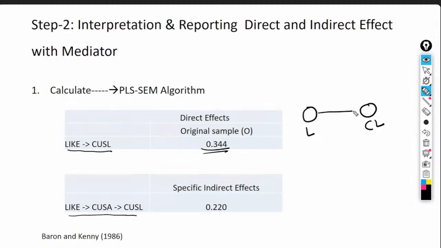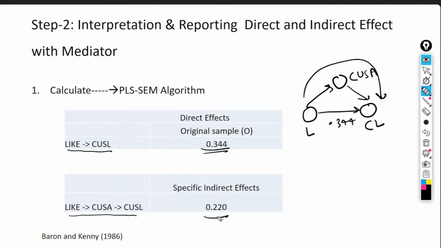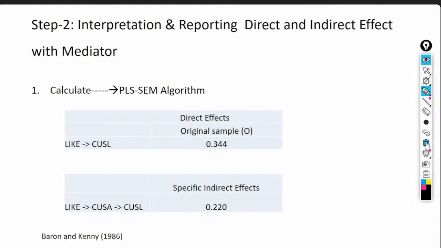So this is the direct effect, 0.344. When we include the mediating variable customer satisfaction, CUSA, this is our specific indirect effect, which is 0.220. So the total effect will be 0.344 plus 0.220.